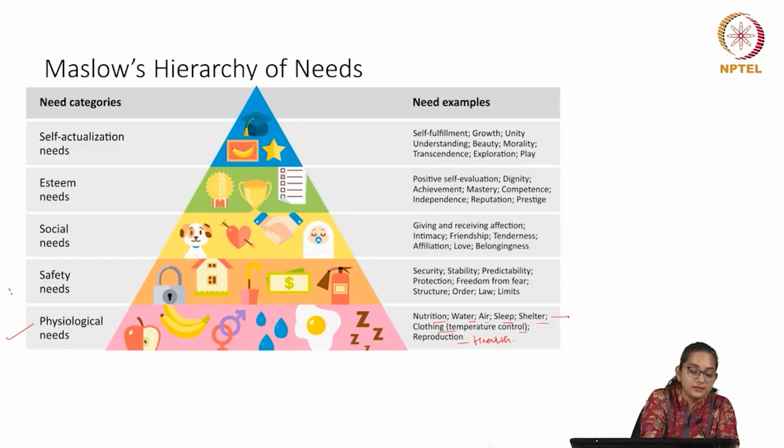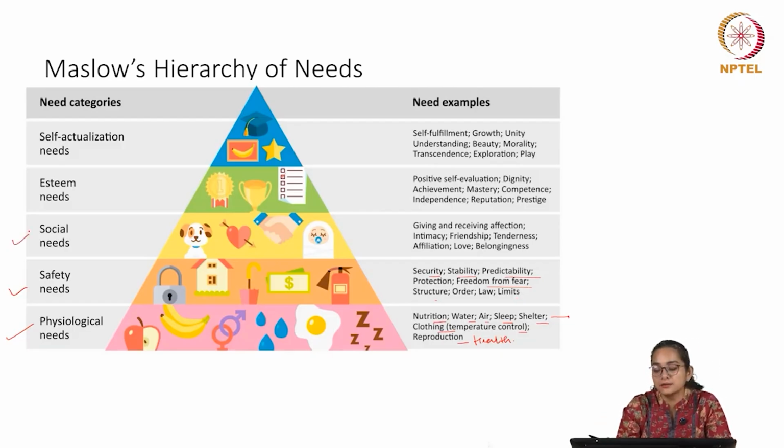The second in the step is safety needs. So aspects like security, stability, predictability, protection, freedom from fear, structure, order, law, limits, all of those fall under the category of safety needs. Then next is social needs.